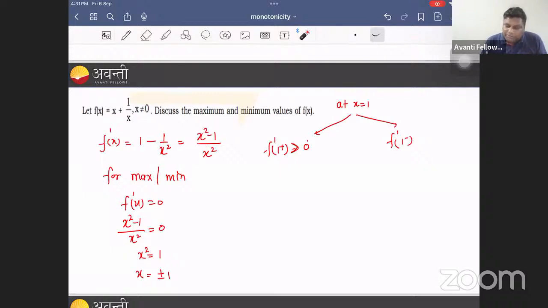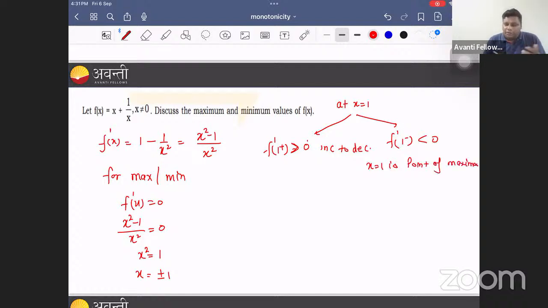So x square minus 1 is going to be less than 0. So in that case, this is less than 0. Am I clear?